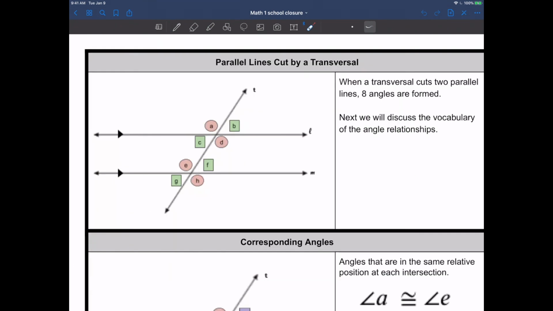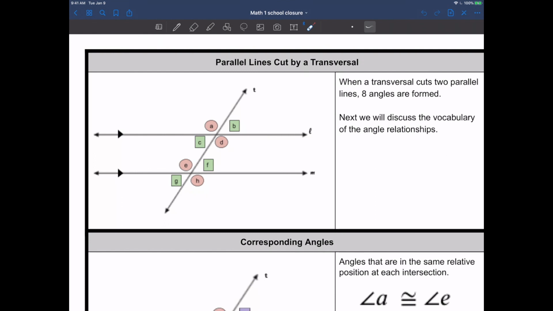So now that we have gone through all the vocabulary words and the relationships of all of these angles, I'm going to come back to this image here, and I want you to think a little bit. Why are angles A, D, E, and H all labeled the same? And why angles B, C, F, and G all labeled the same?